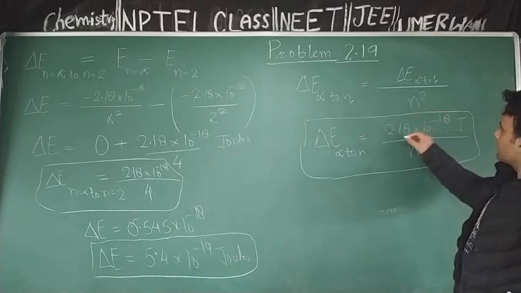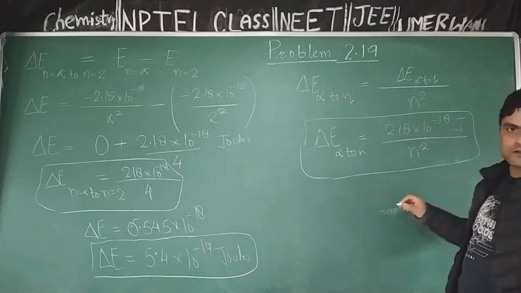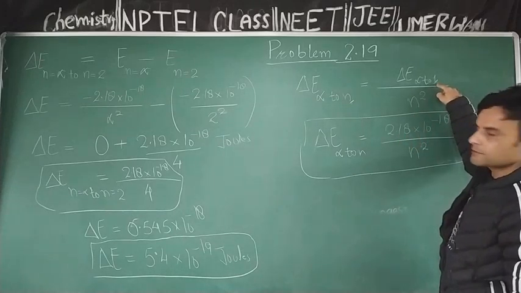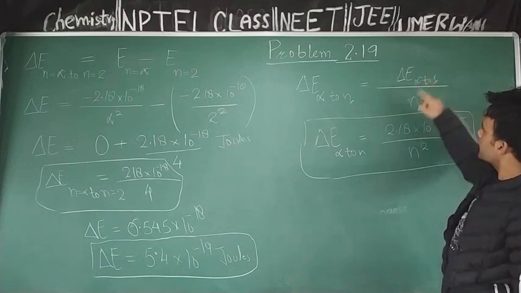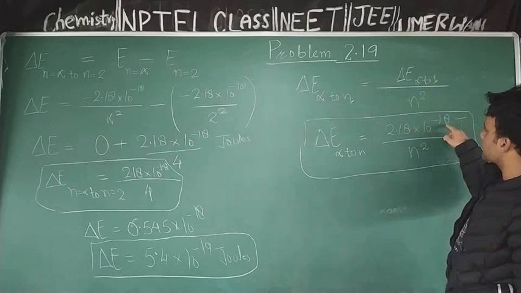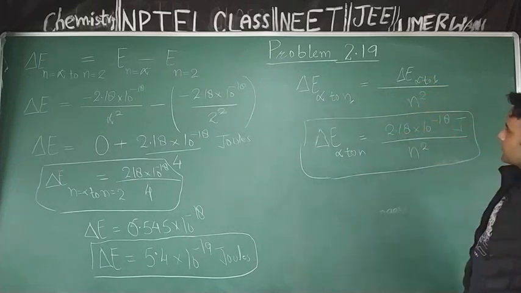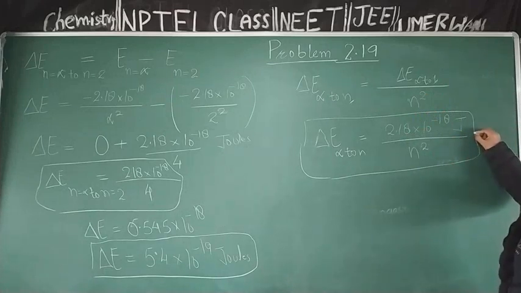And what is this 2.18 into 10 to the power minus 18 joules? It is the energy required to take an electron from the first orbit of hydrogen atom to infinite orbit, because it is 2.18 into 10 to the power minus 18 divided by 1 square, and 1 square means 1. This is the general formula.